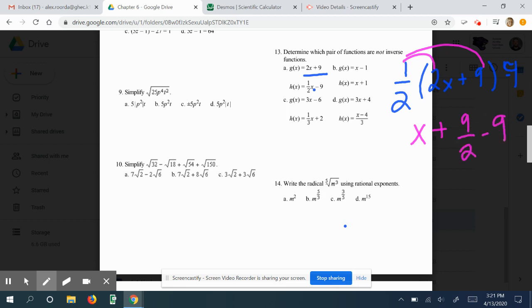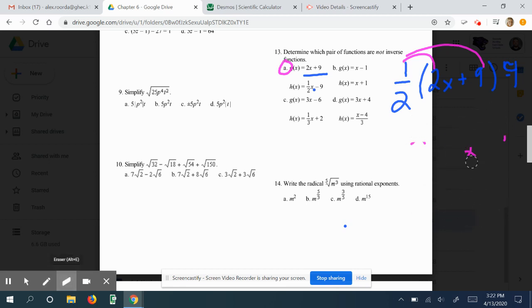And when I try and simplify that, I'm getting x and then minus 9/2 or 4.5. Well, that's not just x, right? So we know that these two, g of x and h of x, are actually not going to be inverses of each other. Now, if you're confused on that, let's look at another one that we know for sure is.